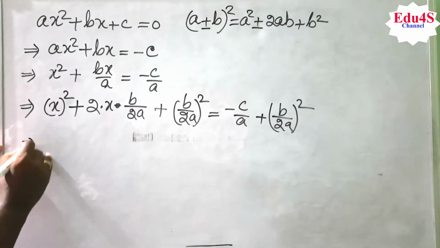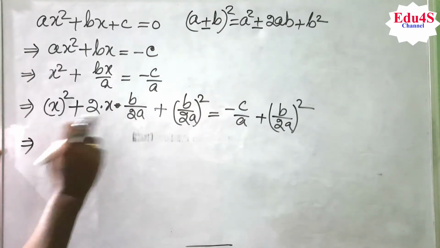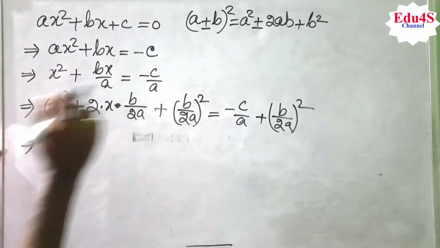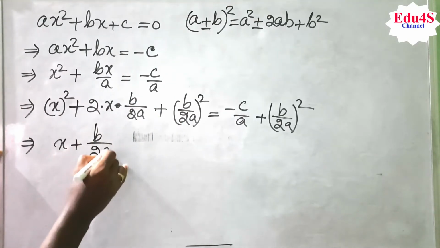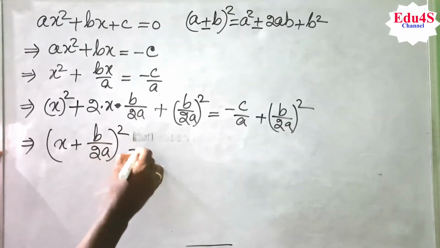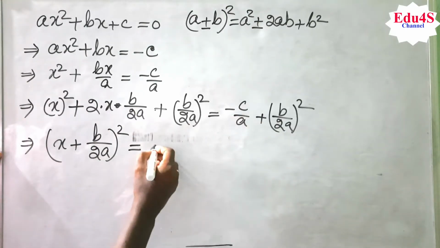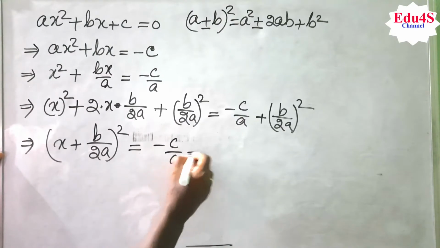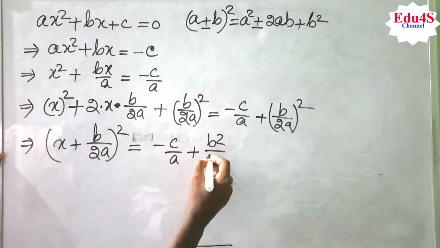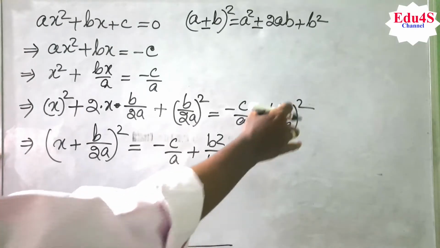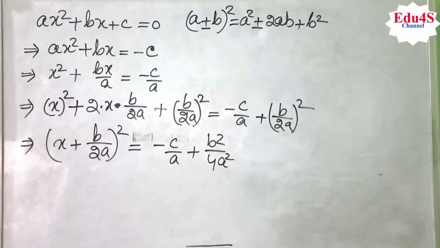Now this LHS becomes a plus b whole square, that is, a square plus 2ab plus b square. So you write here a plus b whole square. Clear? Now this is equal to, on the right hand side, minus c by a plus b square by 4a square. You just take the square of this term, so you will get b square by 4a square.